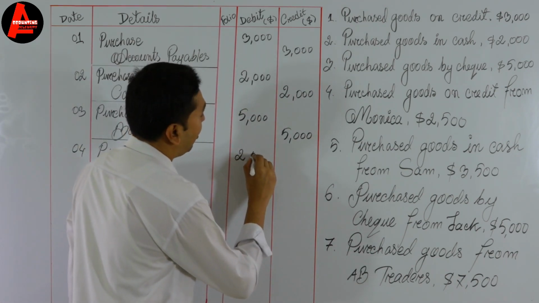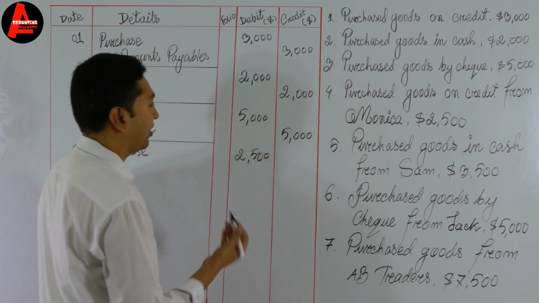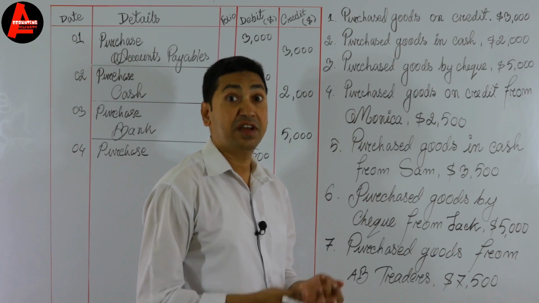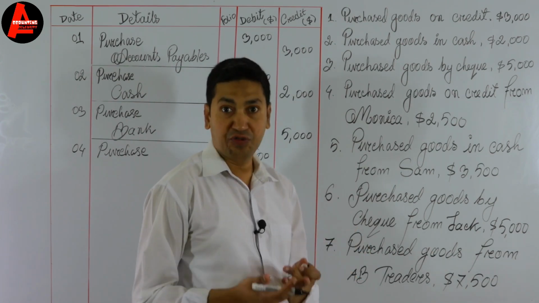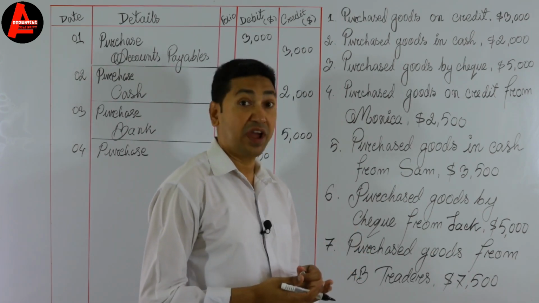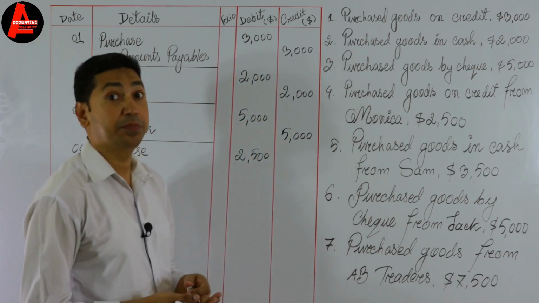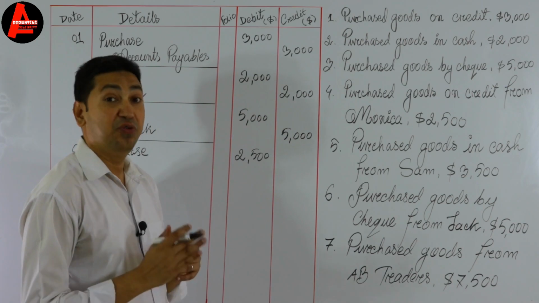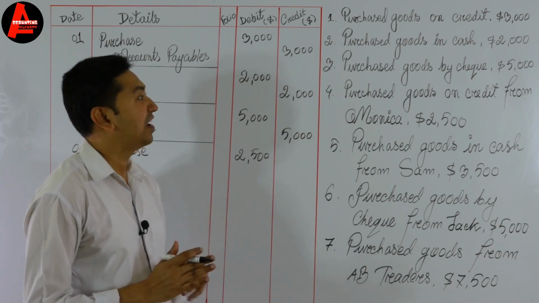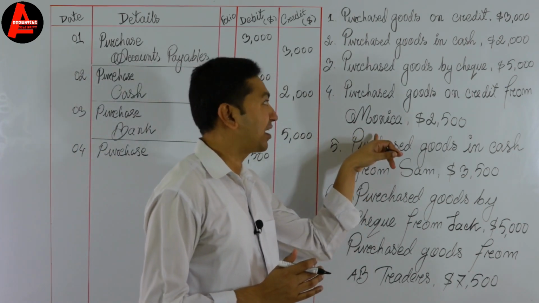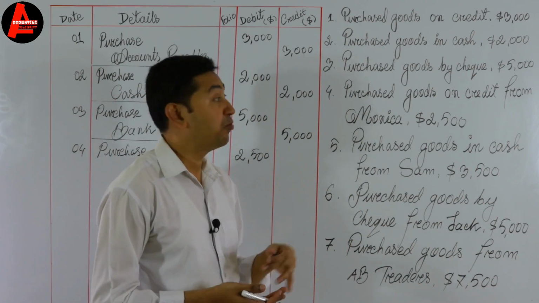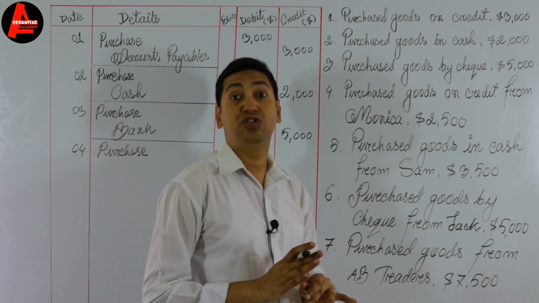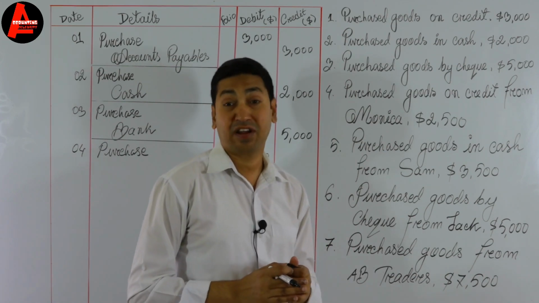Now what to write on the credit side? Here on credit, that means a liability is created, accounts payable or trade payables. Who is the accounts payable? Here accounts payable is Monica. When you see a name with any transaction made on credit, you should not write accounts payable or accounts receivable.